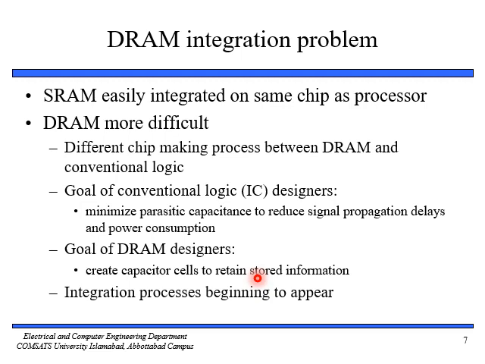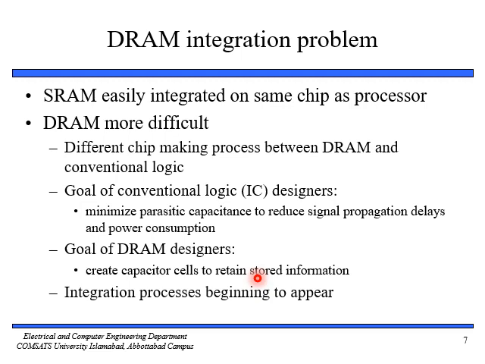Now, what is the goal of conventional logic IC designers? They minimize parasitic capacitance to reduce signal propagation delays and power consumption. Whereas the goal of the DRAM designer is to create capacitor cells to retain stored information.